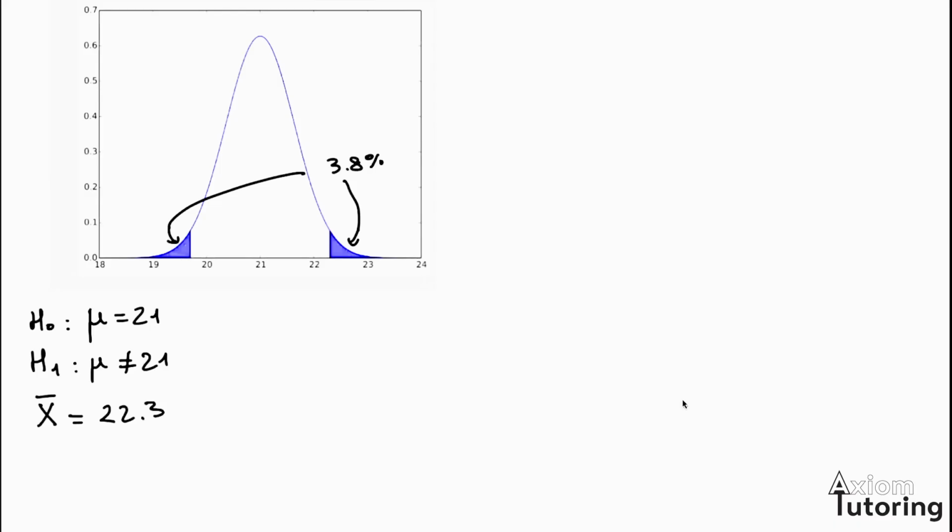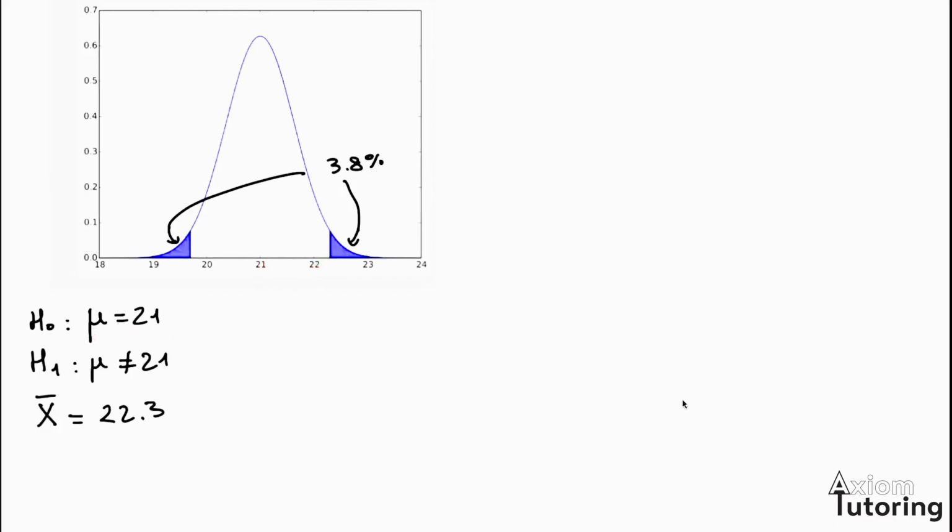And we had calculated the p-value for that test, and we had seen that this area in blue corresponded to 3.8%. So there was a 3.8% chance of getting a sample mean that was at least as extreme as what we had observed, that is at least 1.3 units away from our null hypothesis.